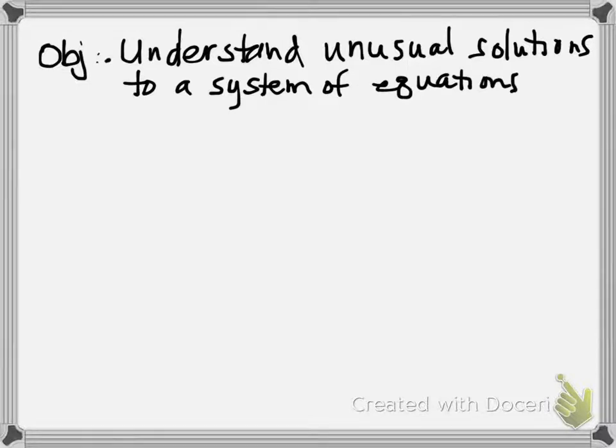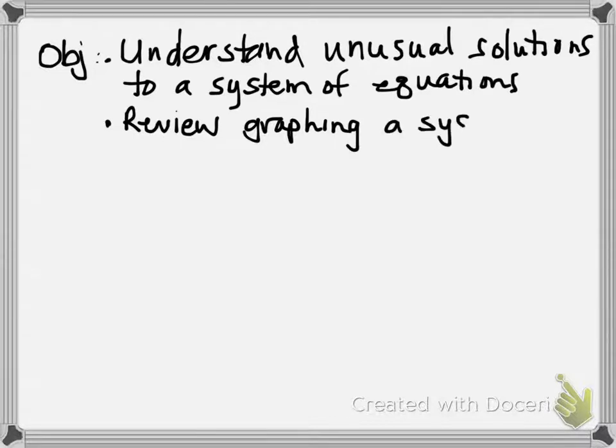And then we're going to review graphing a system of equations. And we're going to get into minute detail because so much of what I saw today is missing what we had talked about before, and we didn't keep that straight. So we need to make sure that we keep this all straight. Understand unusual solutions to a system of equations and review graphing a system of equations.